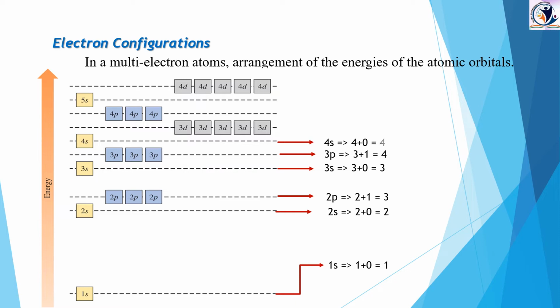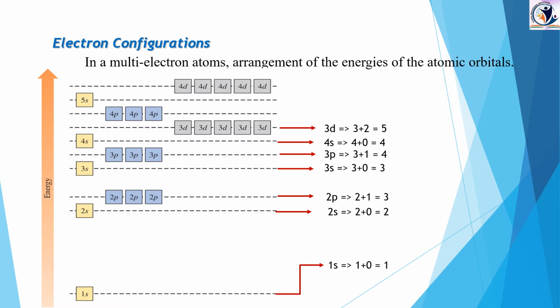Let us see. 4s has 4 plus 0, which is 4, and 3d has the value 5. Now you understood, children? After completing the electron filling in 3p, the electrons should go to the 4s energy level, then it goes and fills 3d, because 3d has higher energy compared to 4s.